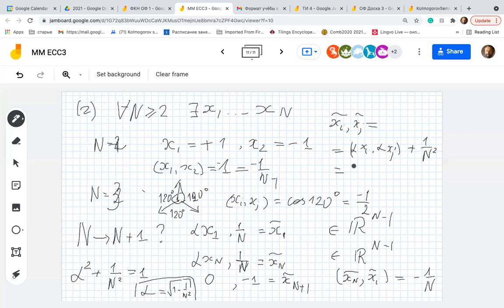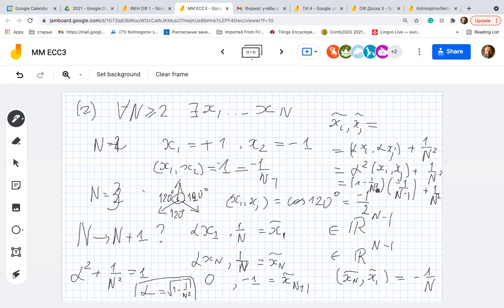This is equal to alpha squared times the inner product of xi and xj, plus 1 over n squared. And by the induction hypothesis, this inner product is equal to minus 1 over n minus 1. So we obtain: alpha squared is 1 minus 1 over n squared, multiplied by minus 1 over n minus 1, plus 1 over n squared.